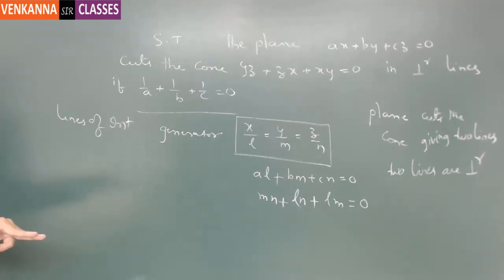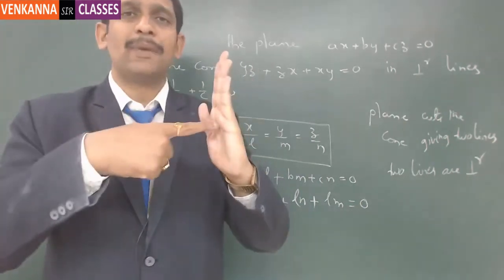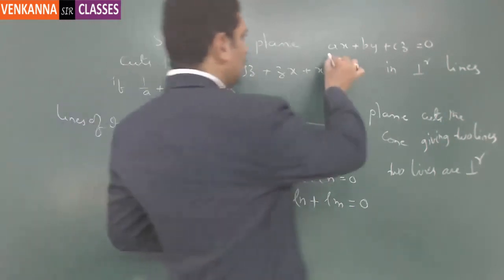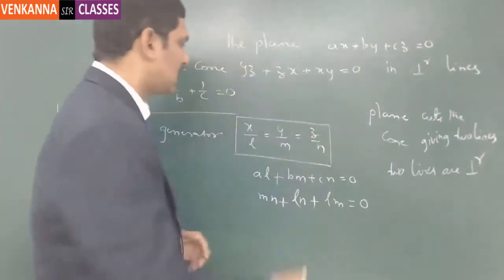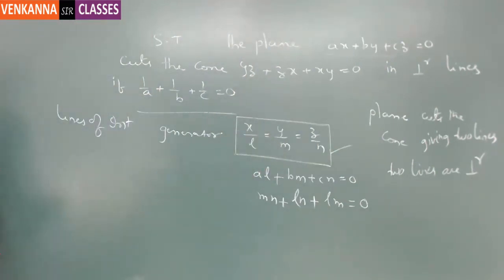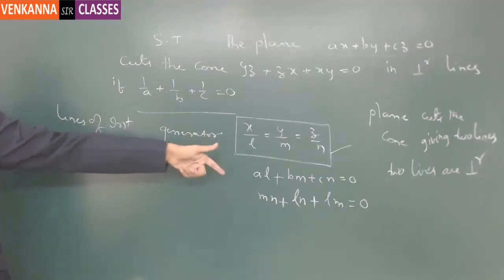Yes or no? Because the normal of the plane is perpendicular to the line, we apply the perpendicularity condition for the plane's DRs and the line's DCs. So from this we have to eliminate one parameter.